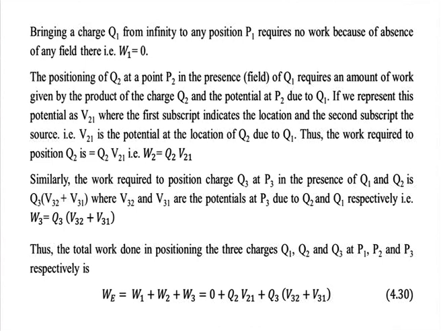Thus, the total work done in positioning the three charges Q1, Q2 and Q3 at P1, P2 and P3 is given by WE is equal to W1 plus W2 plus W3 is equal to 0 plus Q2 into V21 plus Q3 into V32 plus V31.